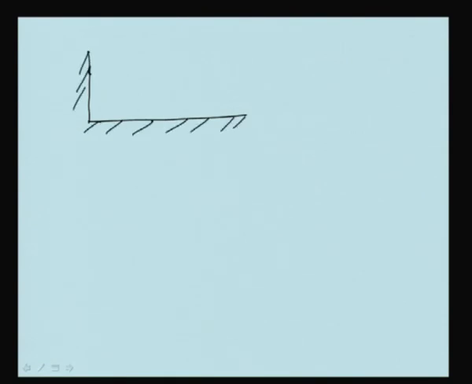There is a block held by a spring. From here you fire a bullet through a gun. Once it is fired, it has some velocity v, and the mass of the bullet is m.